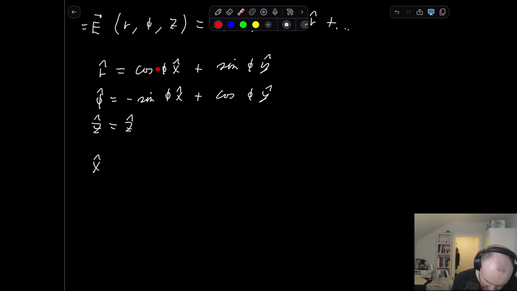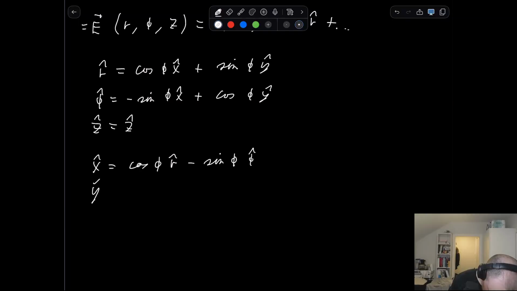Yeah, it's just cosine of phi. So x hat is just cosine of phi r hat, and then I look at phi hat, which in the x direction is just minus sine of phi. So minus sine of phi in the phi hat direction.